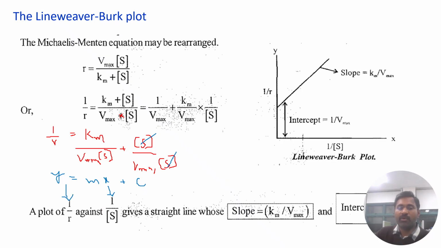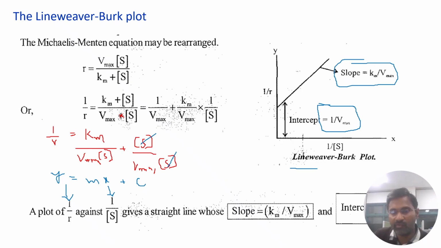So if you take 1 by rate as the y-axis and 1 by concentration of S as the x-axis, you will get slope as Km by Vmax and intercept as 1 by Vmax. This kind of expression is known as the Lineweaver-Burk plot, which is extremely helpful to understand enzyme kinetics.